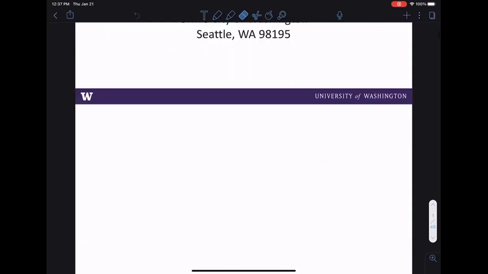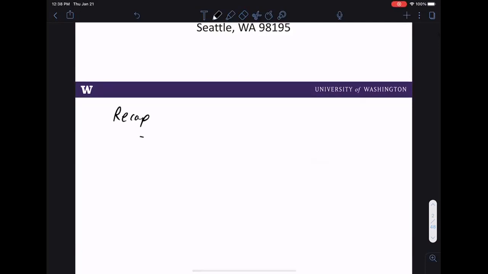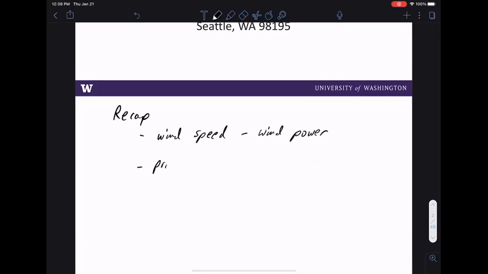Okay. So as a reminder, what we have done is we have looked at wind speed to wind power. We have looked at the probability.